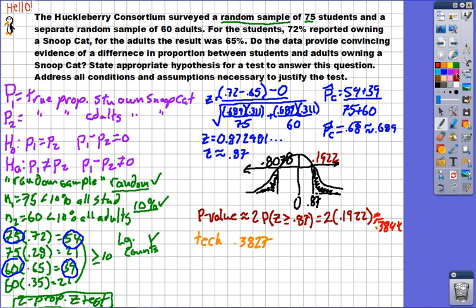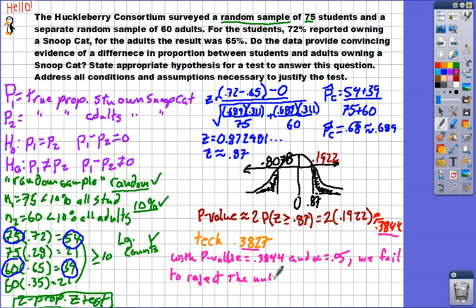When we get down to it, with a p-value equal to either of these guys here, we'll go with the 0.3844, and an alpha level of 0.05, which is our normal if we don't have a reason to do something different, we fail to reject the null.